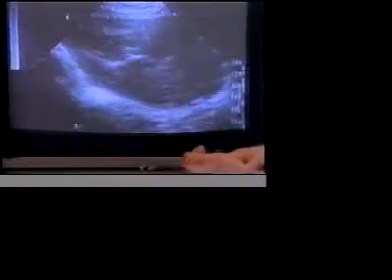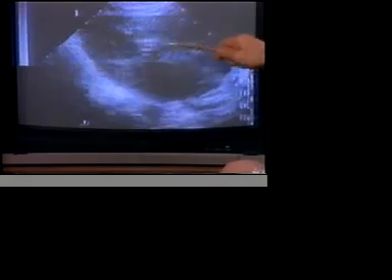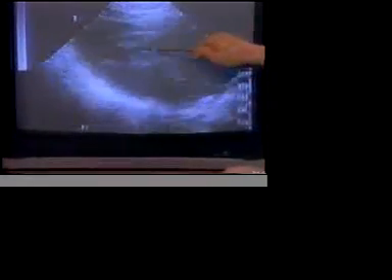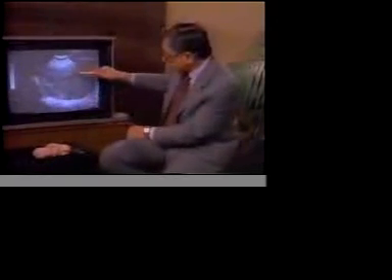We now see intermittently the shanks or blades of this instrument appearing in the image here. The head tends to float freely in the uterus. Here are the shanks or blades of the instrument coming across here.